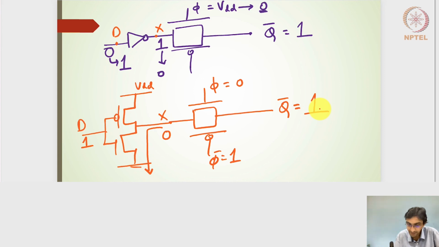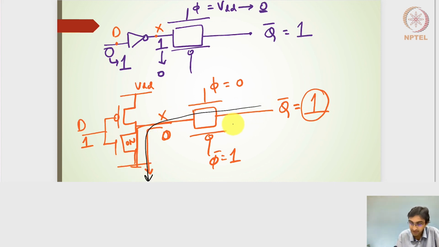Then the output of this latch or the transmission gate should be retained at the logic level of 1. But because X goes to 0, this particular node voltage is actually driven by this NMOS transistor, which is on now, right? The subthreshold leakage matters: if it is kept opaque, trying to retain the logic level 1 for a longer duration, the subthreshold leakage current, which will flow towards the ground, will slowly keep dropping this voltage from VDD to a lower value.